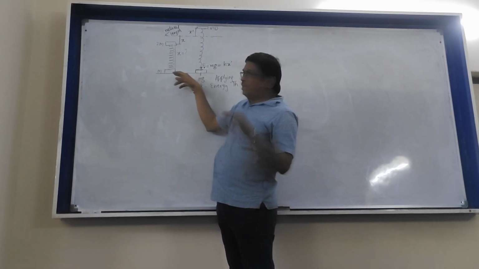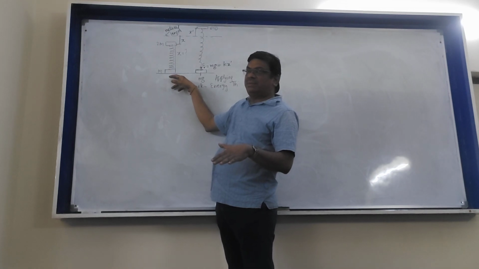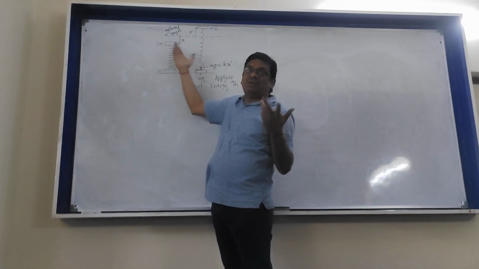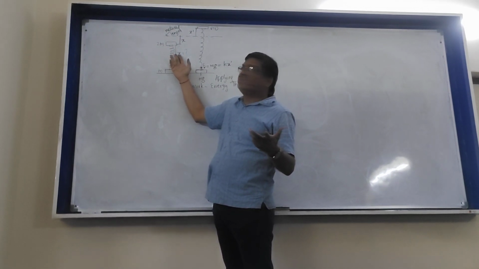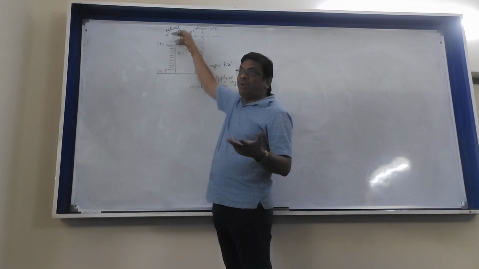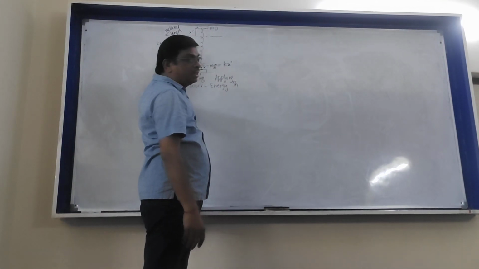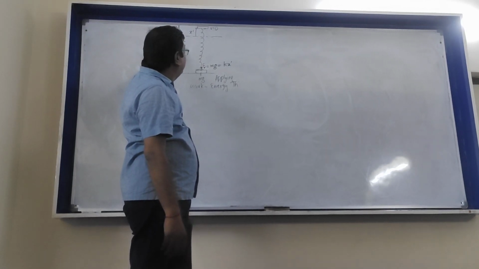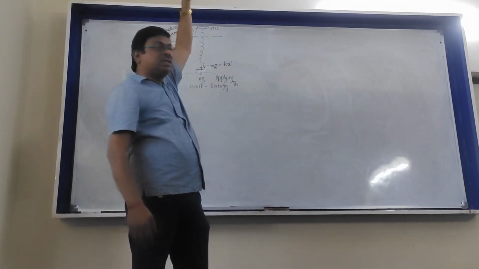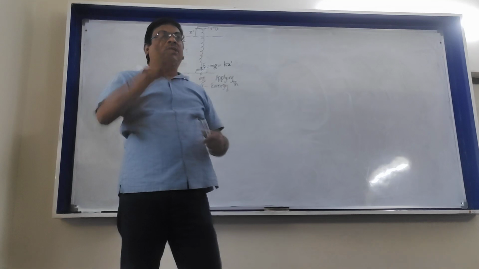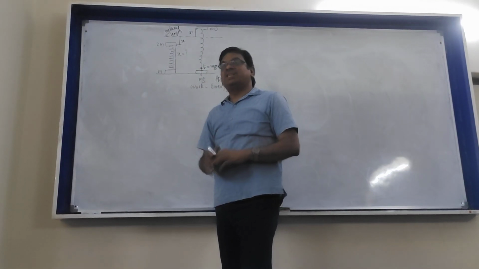Of course, this block remained there itself. Spring is anyway massless. We have to consider only the elastic potential energy of the spring. Here, the block has gravitational potential energy and kinetic energy. So there is no change in kinetic energy. Initially it was at rest, and now also it is at rest at the highest position.